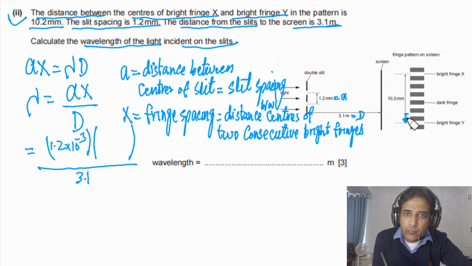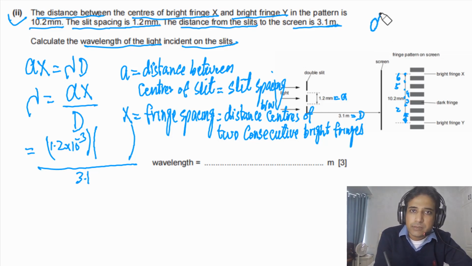So we have 1, 2, 3, 4, 5, and 6. It means this distance, let's say D, is equal to 6x. But we need to find out x.